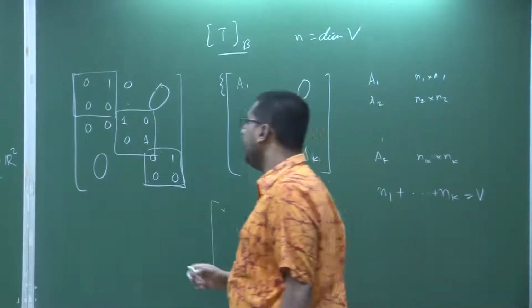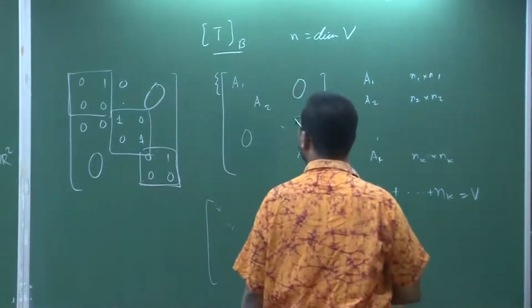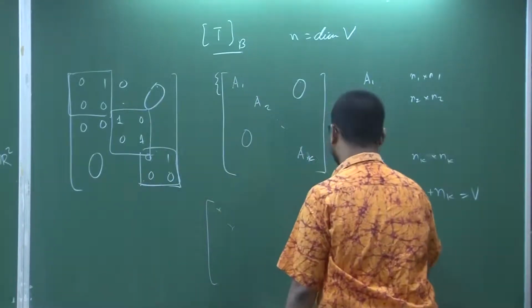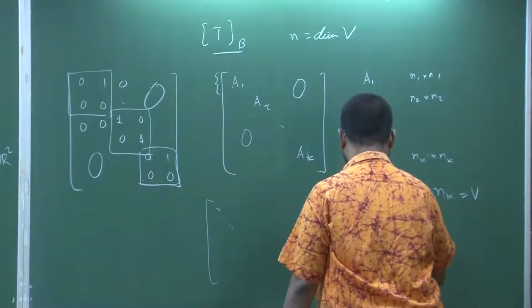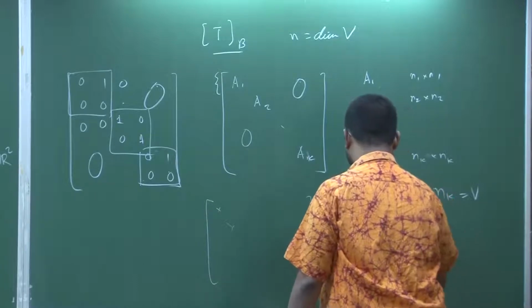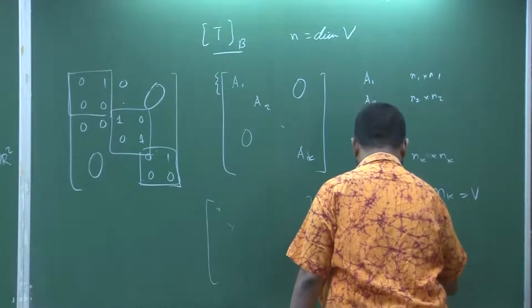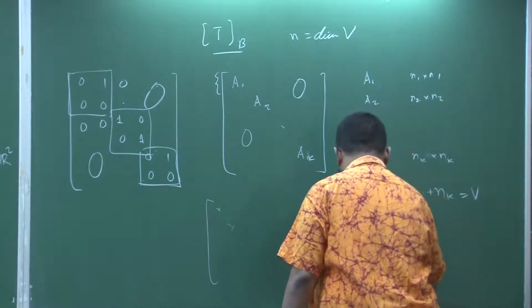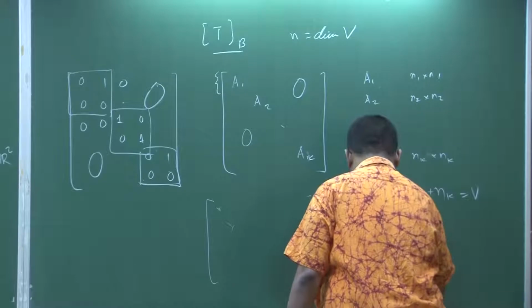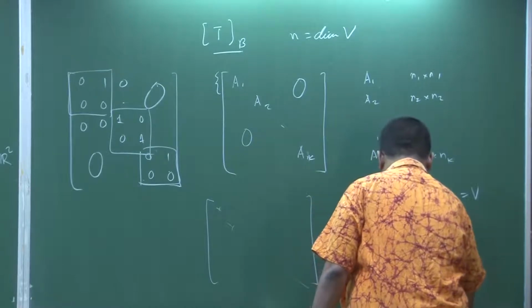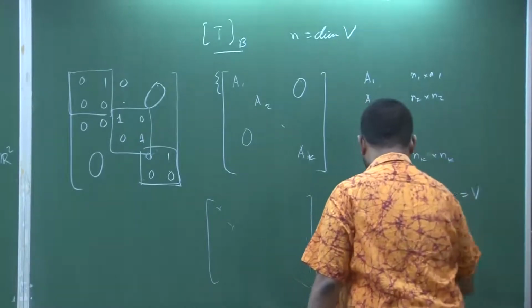Suppose the first n1 vectors of B are V11 up to V1n1, then the second n2 vectors V21 up to V2n2, and similarly Vk1 up to Vknk.